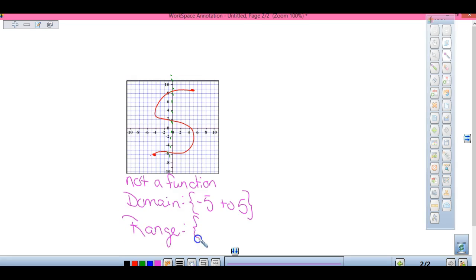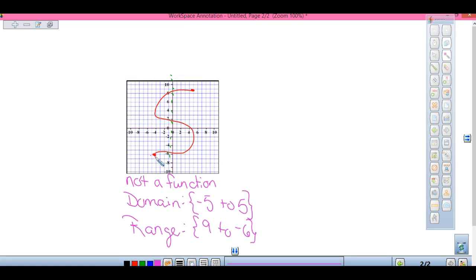My range is from, is it all the way up at 10? 9 to -6, because you've got to go to the lowest point. Because it goes lower than -5, that would be right there, and it's still a little bit lower than that, so we got to go right there.